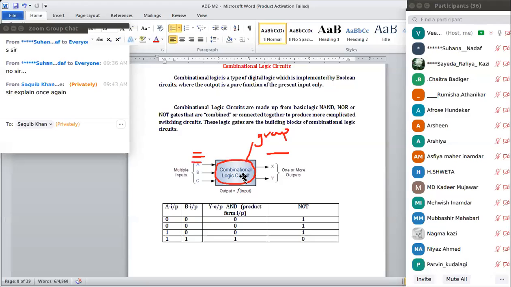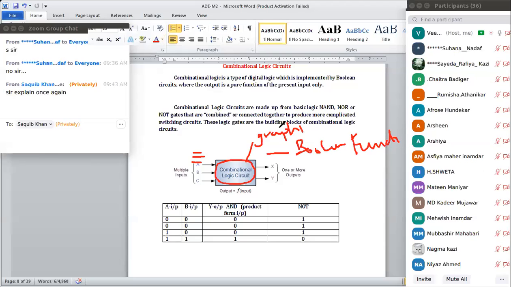This is a graphical representation of Boolean functions. The combinational logic circuits are graphical representation of Boolean functions.